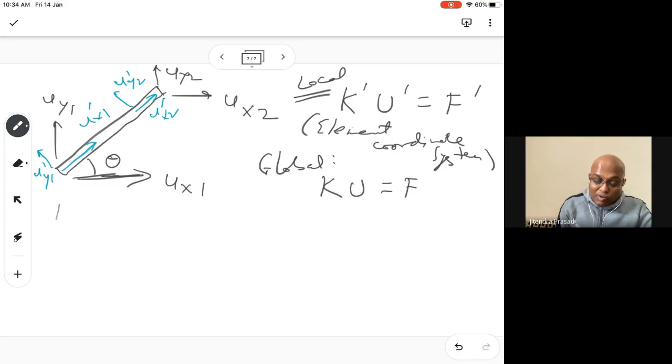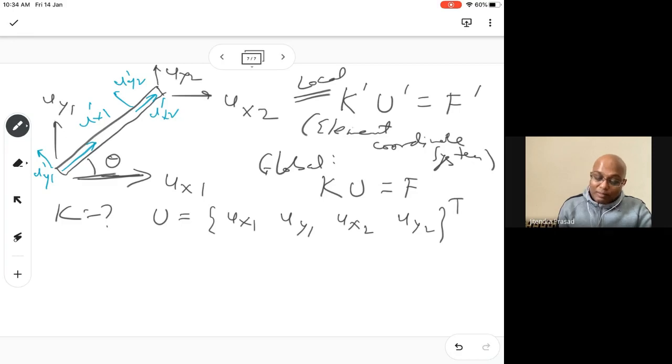But what we know is u, and u is ux1, uy1, ux2, uy2, transpose of that. And then we know f, which is fx1, sorry, fy1, then fx2, fy2, transpose of that.